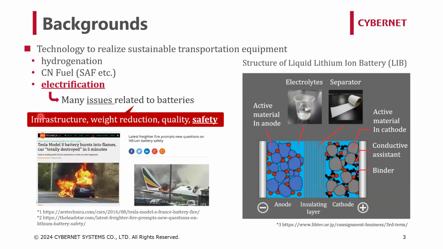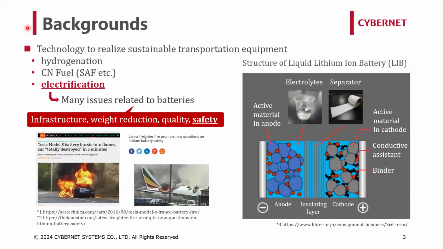So now let's get down to the first topic, which is about the background of all solid-state batteries. I guess that people in almost all manufacturing industries are currently in a situation where we have to be aware of efforts to achieve a sustainable society.